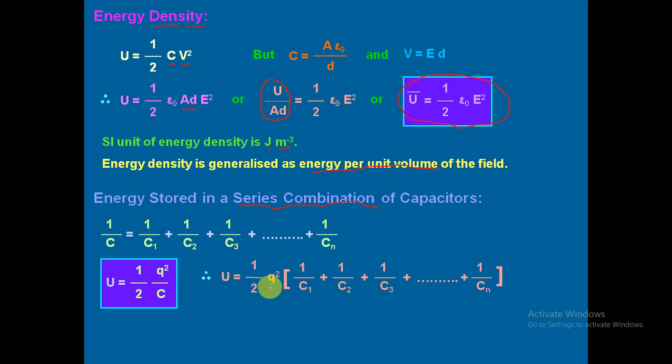Half Q square over C1, half Q square over C2, half Q square over C3 and so on. Means you are going to get the sum of the energies of the individual capacitors. So when all the capacitors are connected in series, the net energy stored would be the sum of the individual energies of all the capacitors.